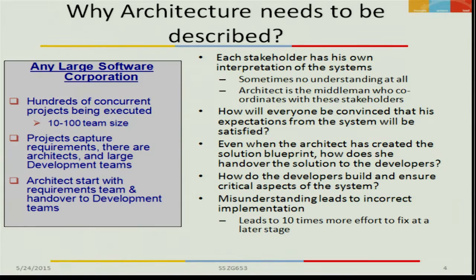In fact, if there is a mistake at the architecture stage, it can be fixed quickly, but if that mistake is not caught or is misunderstood, then after implementation, when you are doing testing, the cost of fixing that problem will be at least 10 to 100 times. Therefore, it is highly important that the blueprint and architecture are done really well, so that such misunderstandings and errors are not there, and you don't have a costly fix at the time of testing or even after deployment.